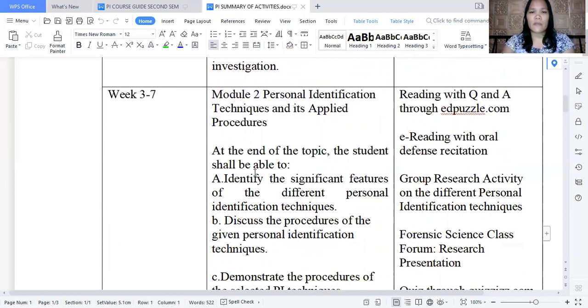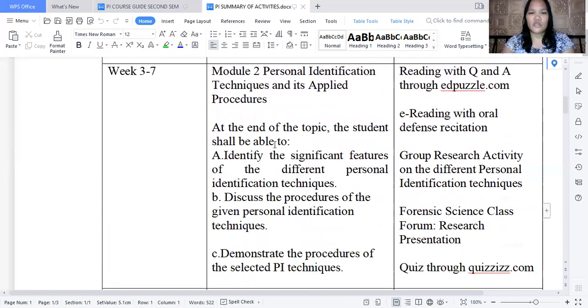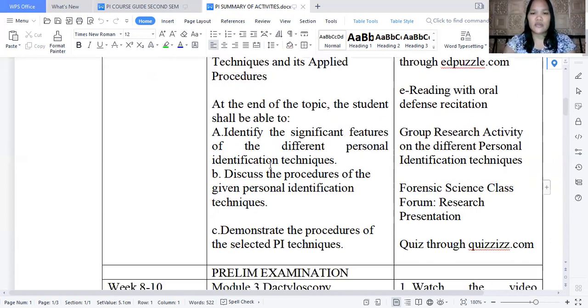At the end of the topic, the students shall be able to identify significant features of the different personal identification techniques, discuss the procedures of the given personal identification techniques, and at the same time have a demonstration of some of the PI techniques that are applicable. This particular module has a wider coverage compared to module 1.